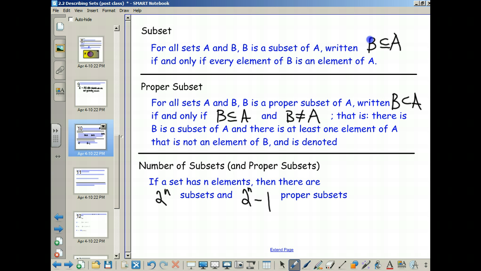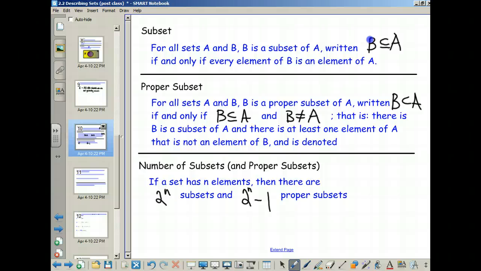Minus 1 is the number of proper subsets. These proper subsets include all the subsets except for the set itself. So we remove that one possibility. Okay? So a set is a subset of itself. It's not a very interesting one, but it is one. It's no less interesting perhaps than the empty set. The empty set is also a subset of the universal set, which is a little strange.